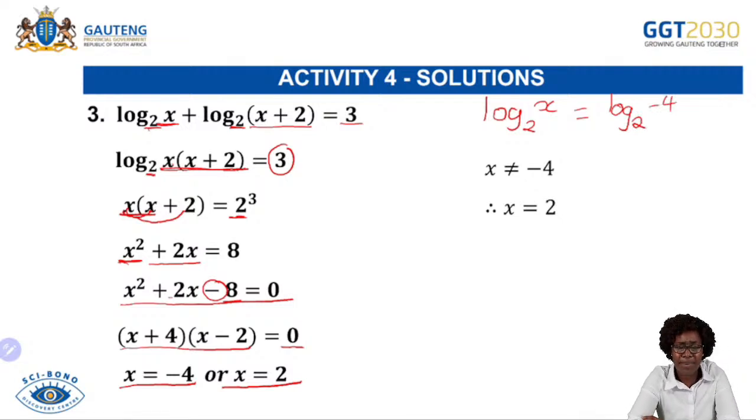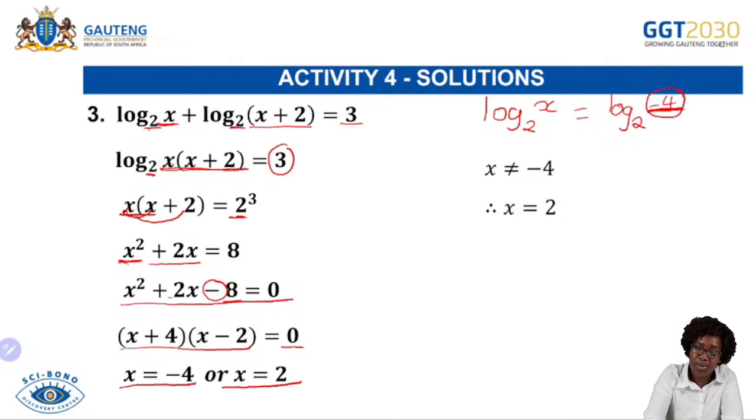But remember, we said when we are working with logs, the number that's sitting next to the log cannot be negative. And you can verify this with the calculator, because if you say log of negative 4 to base 2, I'm sure on the calculator it says error. So make sure that when you're working, the number there should not be negative.